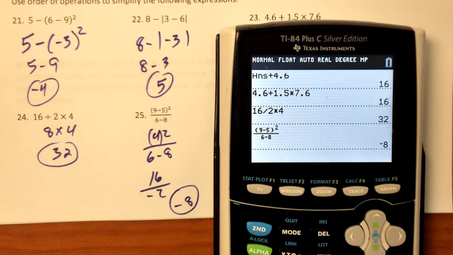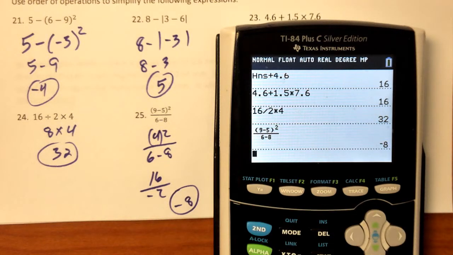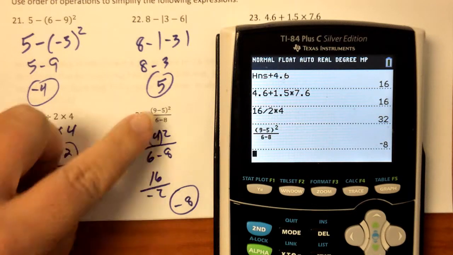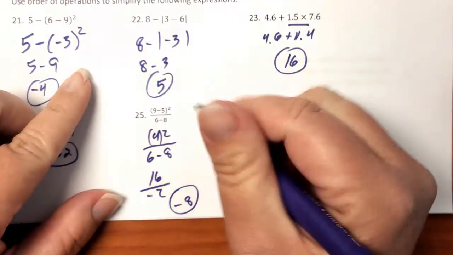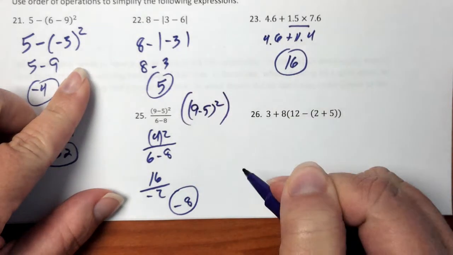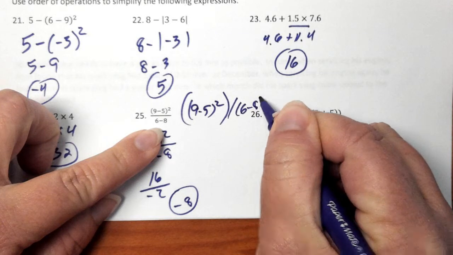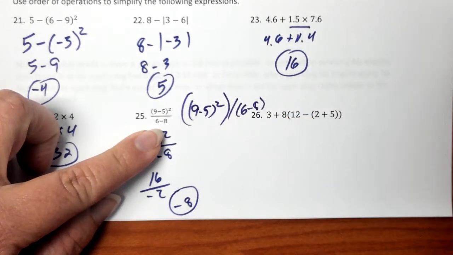If you're using an 83, that alpha y equals doesn't do anything on yours. So in that case, you have to write the entire numerator in one set of parentheses, and then hit the division bar and put the 6 minus 8 in another set of parentheses, okay?